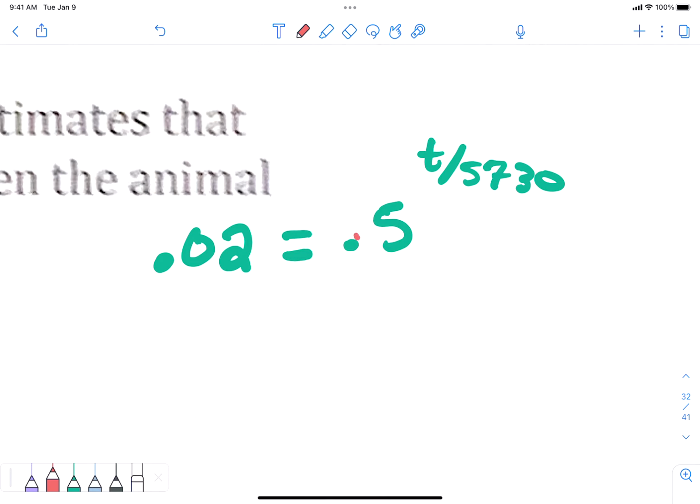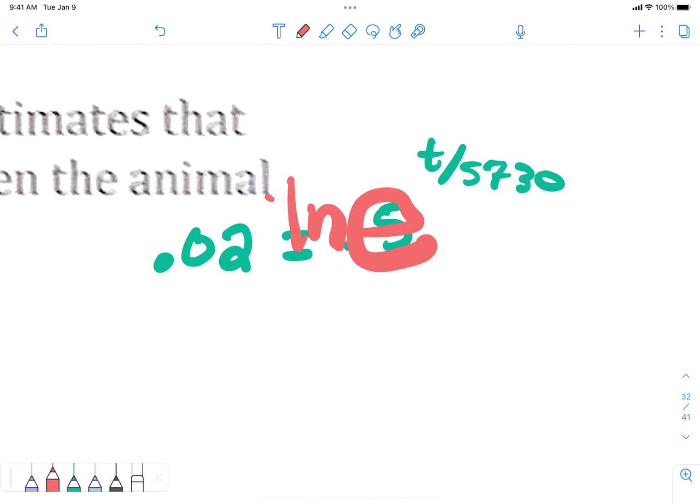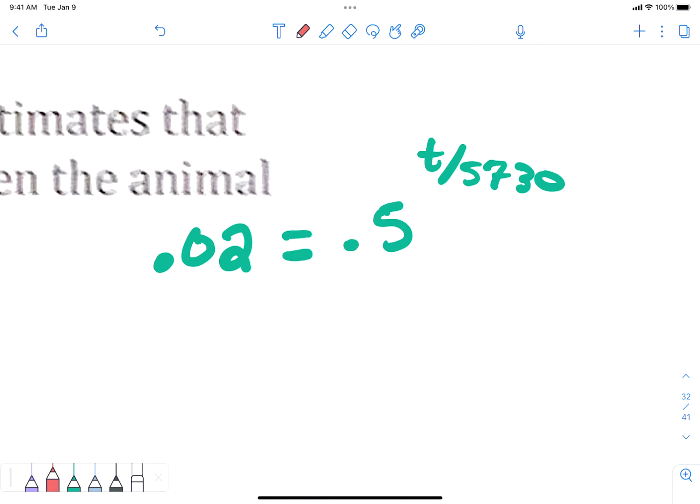If this was an e, I would definitely want to put ln in front so that it canceled off, right? But it doesn't matter which one we use this time. So we could use log or we could use ln. Which one would you like to use? Log. Log, okay. So let's put a log in front and a log in front, right?